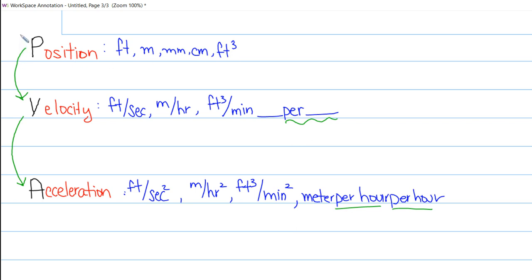Unlike pre-cal, we're going to go ahead and define how we get from position to velocity. For you to get from position to velocity, you have to take a look at the slope of the function. So if I look at the slope of the position function, it gives me the velocity. Or we can also say rate of change.